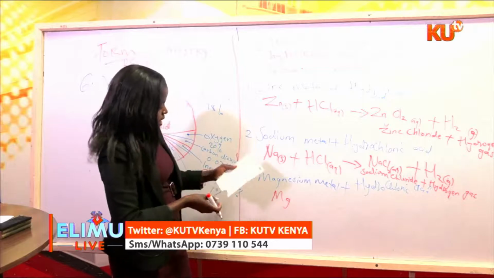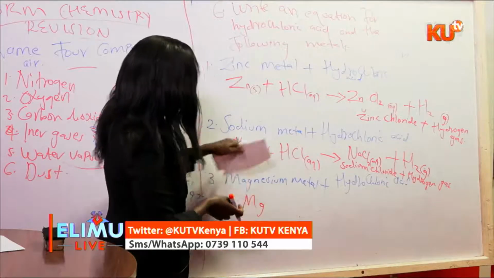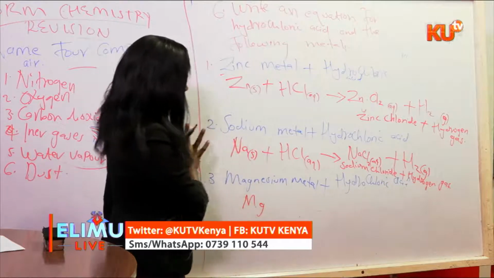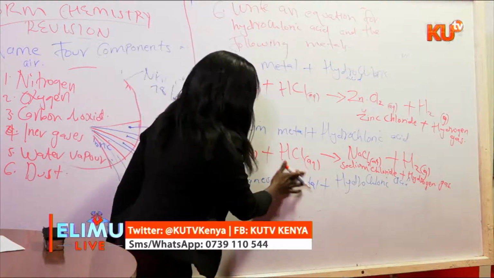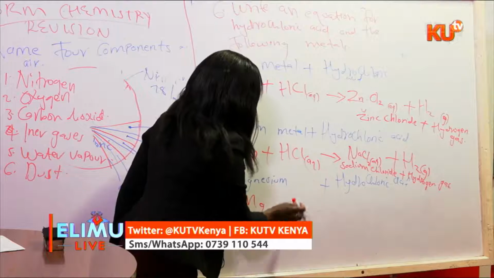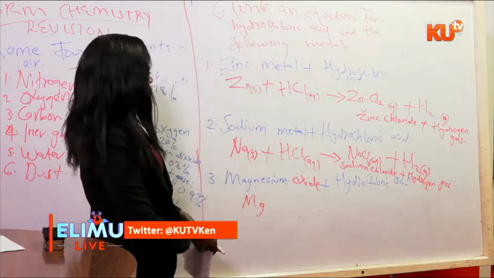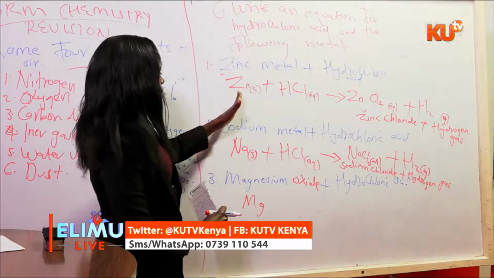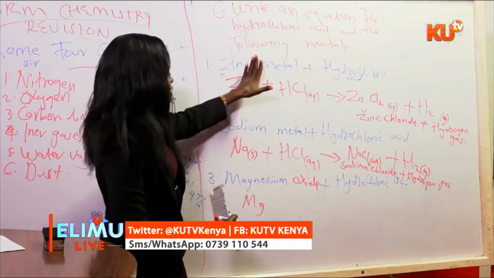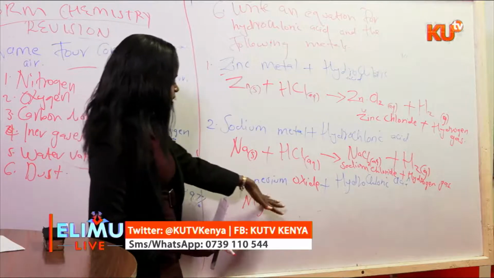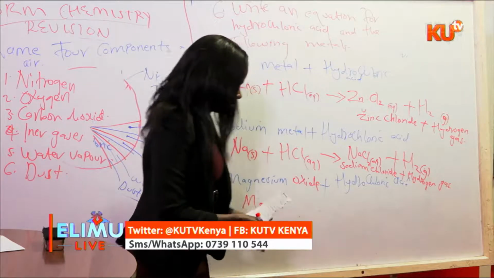So apart from saying magnesium metal, let me give you another example. We use magnesium oxide. In most of the exams they're giving you just metals up to number 3, but now let us mix magnesium oxide with hydrochloric acid.